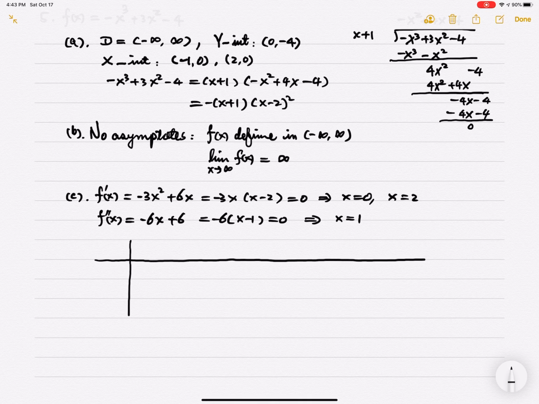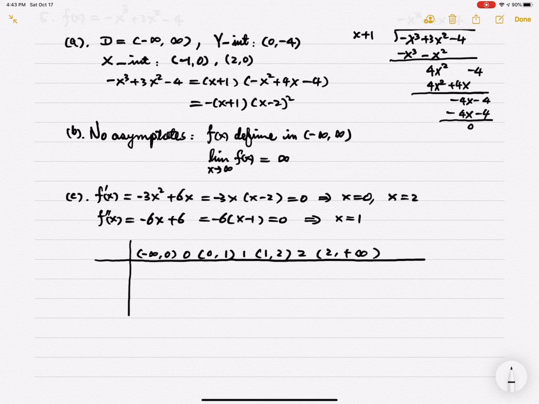So here we say, first of all, negative infinity to 0, 0, and then 0 to 1, 1, and 1 to 2, 2, and then 2 to positive infinity.